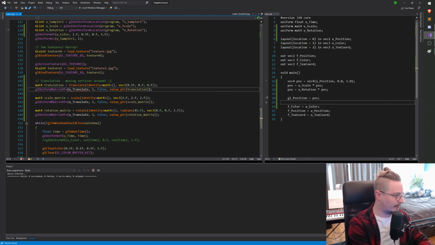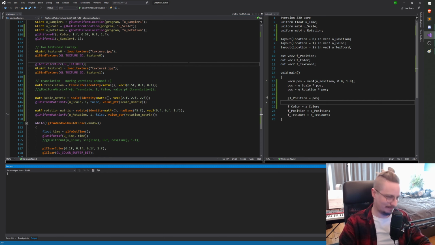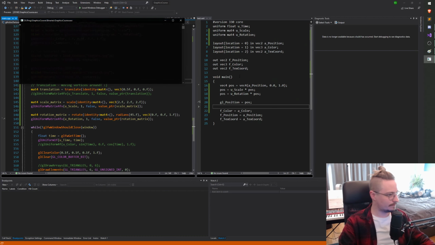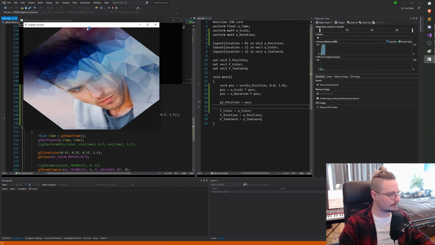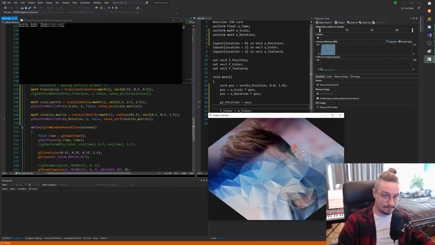I'm just going to comment out this translation here, and so we're going to set scale to uScale and rotation to uRotation. So I'm uploading the scale matrix to the uScale uniform, and the rotation matrix to uRotation. All right, cool. Let's see what happens. Great. So now it's scaled and it's rotated.